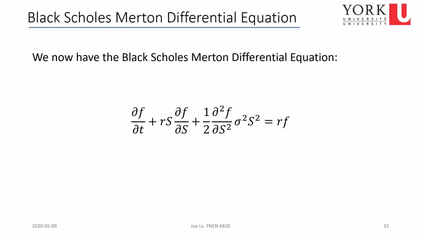And then you can try that particular form. And if that form satisfies this equation, then you have a way to show that the pricing formula you guessed, the pricing formula taking a particular form, actually is the right pricing formula. So we will see those kinds of cases later on in this course. So it's important to be able to show that a particular pricing formula satisfies the fundamental partial differential equation. It's an important check.